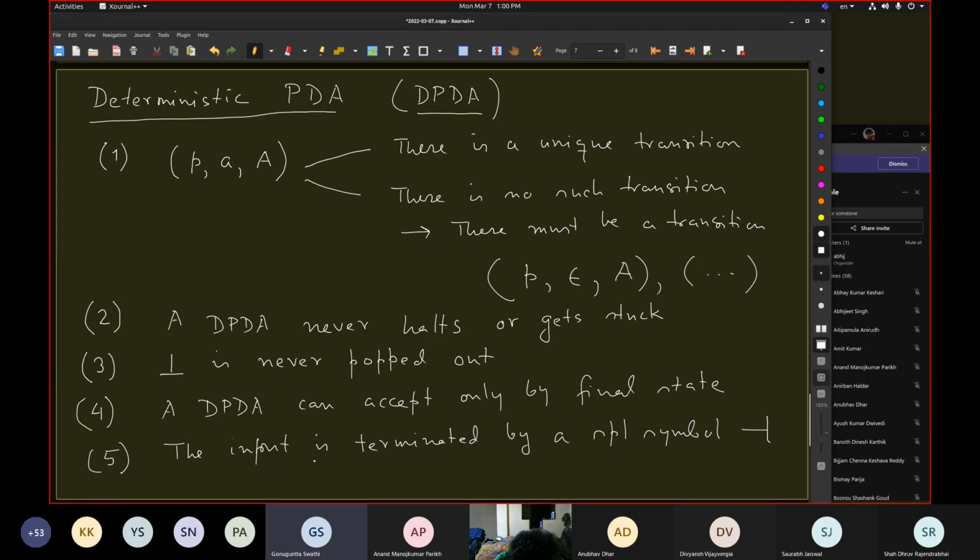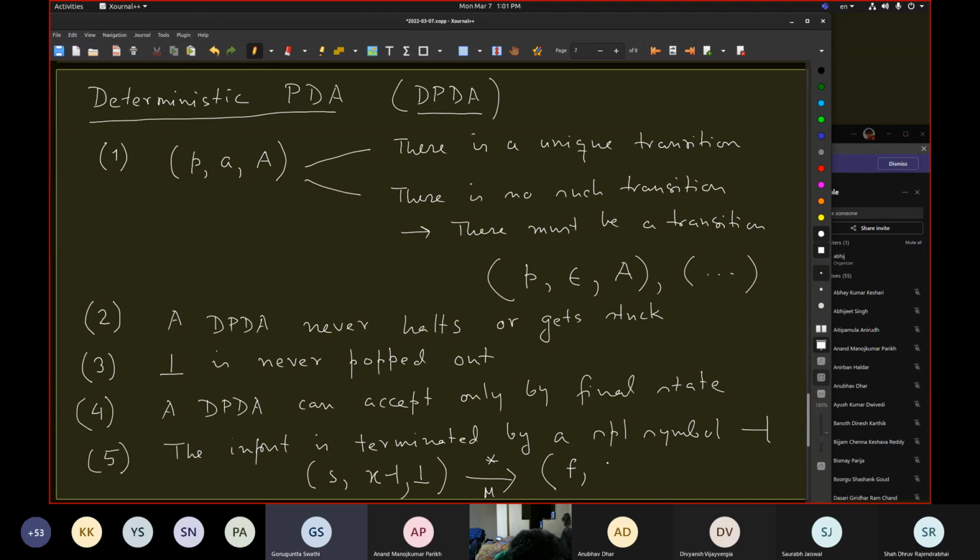So it accepts if and only if it starts with this input first, and this is there on the input tape.